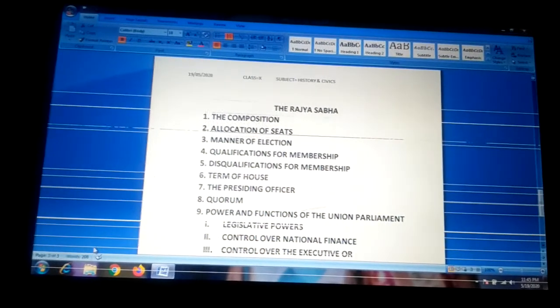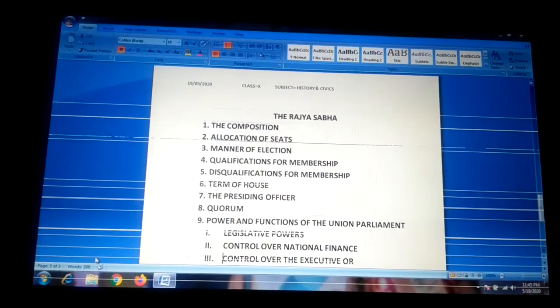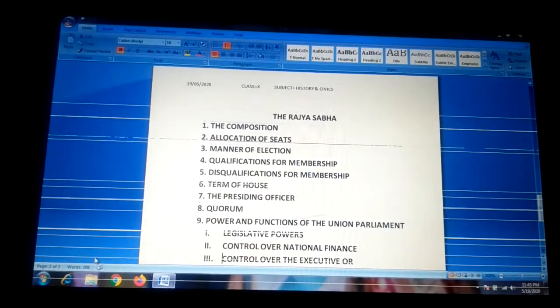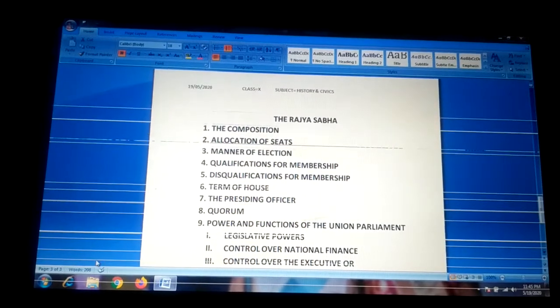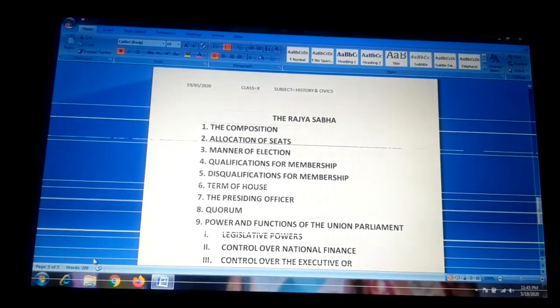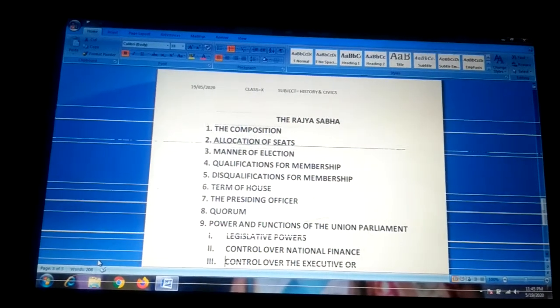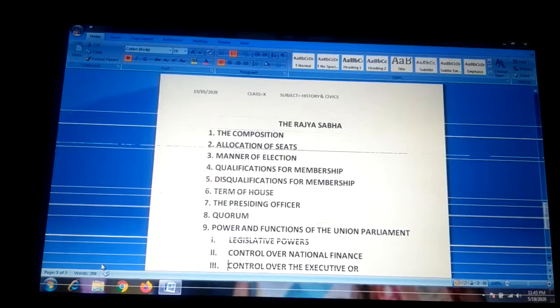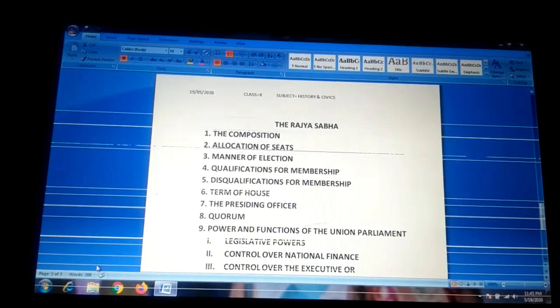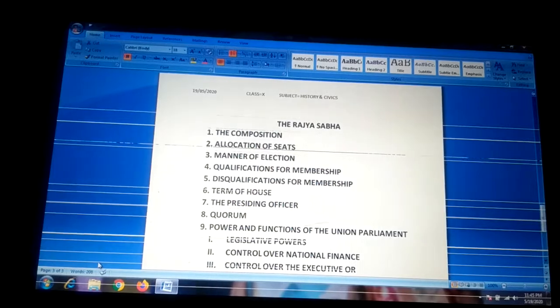Just learn these four, and out of these four, learn the first and second ones, meaning matters in the union list, the concurrent list, and residuary powers. So I will explain only these two, matters in the union list and the concurrent list.